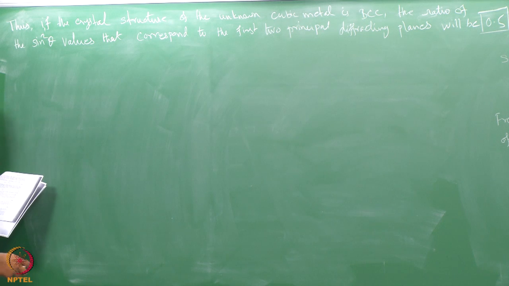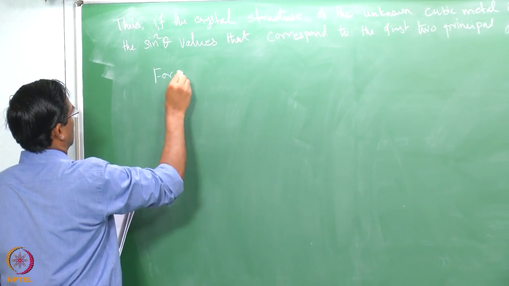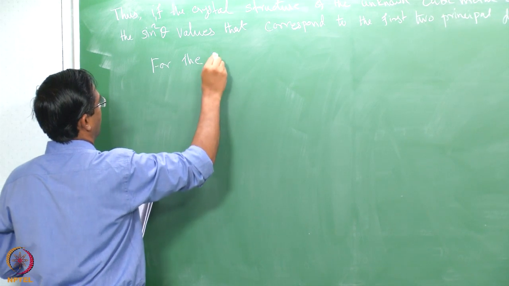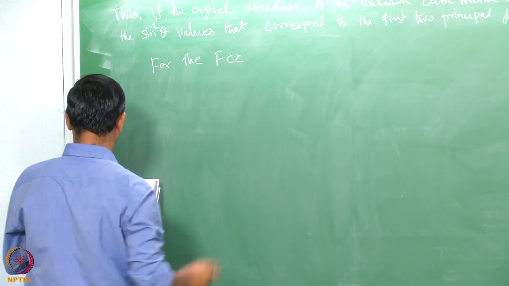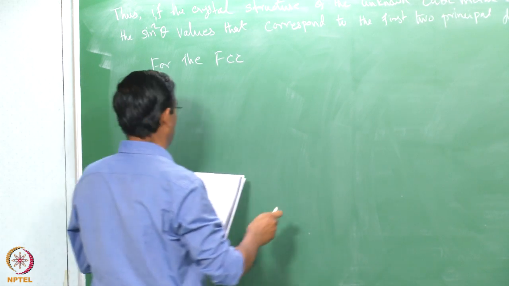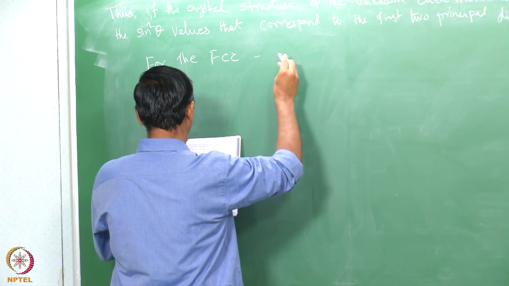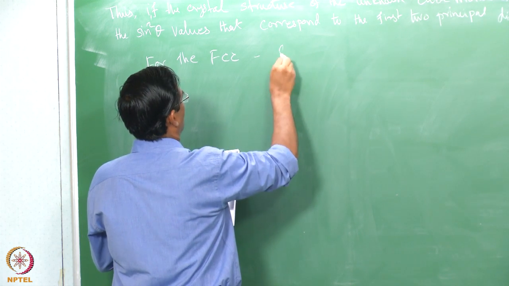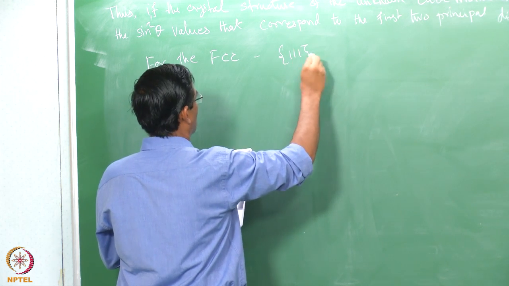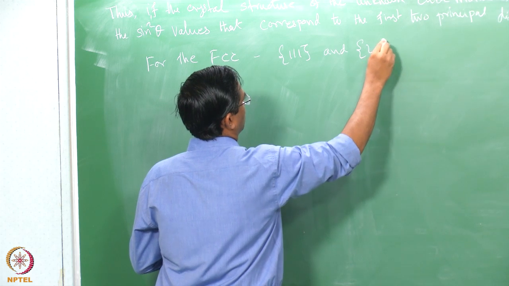So, we can work out the similar for the FCC. The first two principal diffracting planes are 111 and 200.